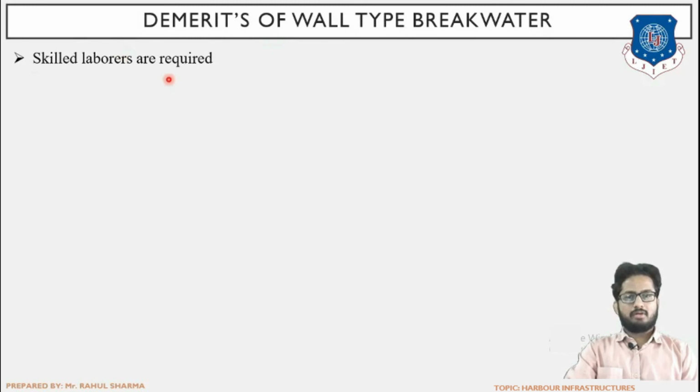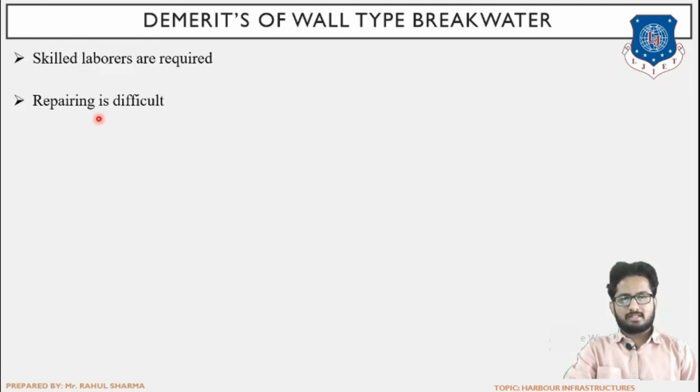Skilled labor, point already discussed in the difference portion. Repairing is difficult. As this is a masonry construction, if a specific area needs maintenance work, that would be difficult as compared to the mount type breakwater, because replacing bricks in such a water body construction is not as easy as replacing the rubbles or the higher size stones.